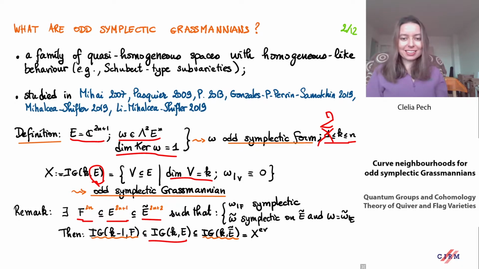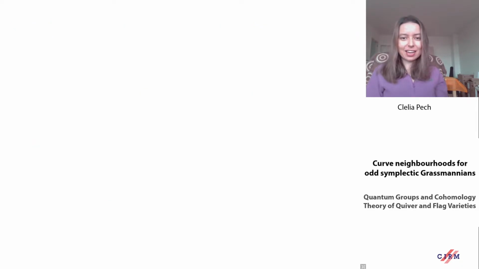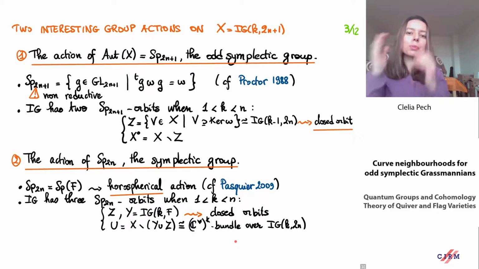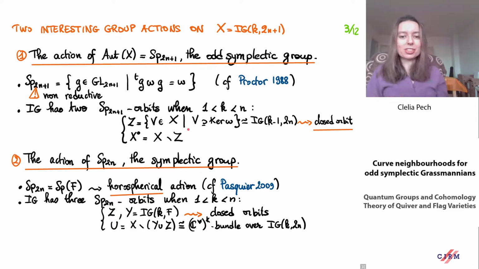Right. So now I'd like to talk a little bit more about the group actions I'm considering, to try and say why it is quasi-homogeneous. There are 2 main actions. The first one is the action of the automorphism group, which is called the odd symplectic group. This odd symplectic group is defined in a very analogous way to the symplectic group.